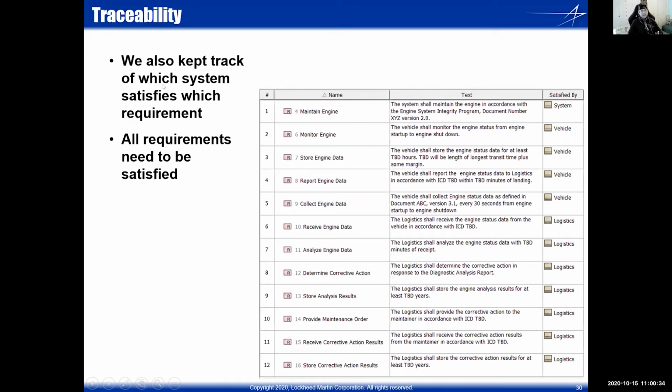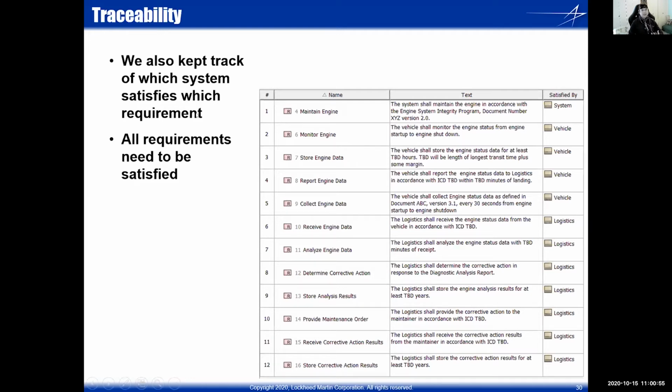I also kept track of which systems satisfy a requirement. So as I went through and said this requirement was for the system to do, and this requirement was for the vehicle to do, I drew traceability relationships to say that the system satisfies, maintain the engine, the vehicle maintains it.